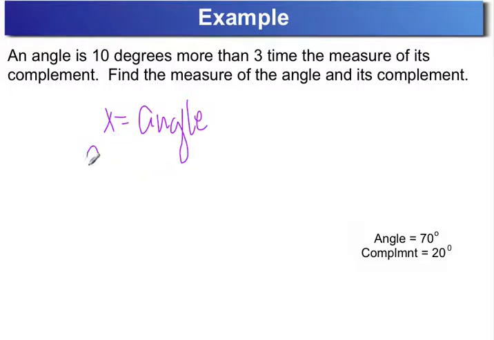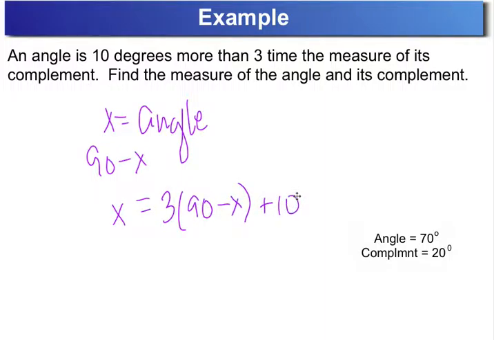The complement is 90 minus x. So my angle's measure is 10 degrees more than 3 times the complement. And then you need to solve that equation. If you didn't get the right answer still, go back and check your algebra because there's an error someplace.